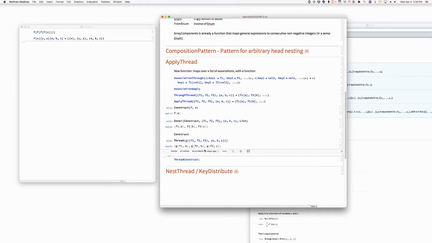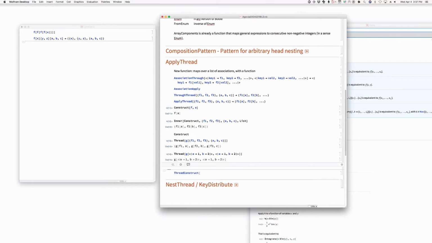Does thread work on associations? I don't know. That does not work. Try comma G. I don't know. Sometimes with thread you have to specify which head.